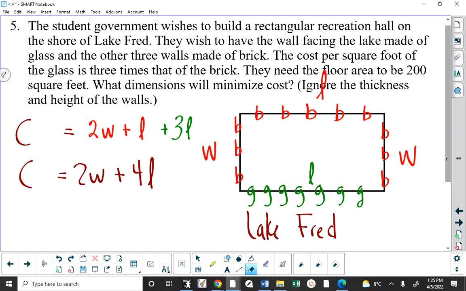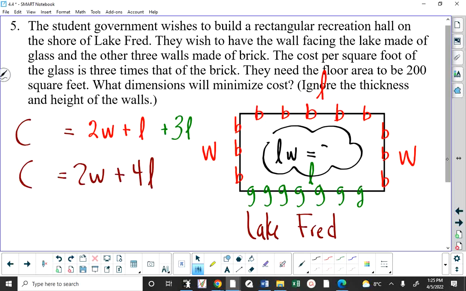Right, the area has to be 200 square feet. So you can have it 10 by 20 or 2 by 100 or 1 by 200, but the area, the length times the width, must be equal to 200. So we can rearrange that equation of constraint for, I don't think it really matters here, let's rearrange it for W this time.